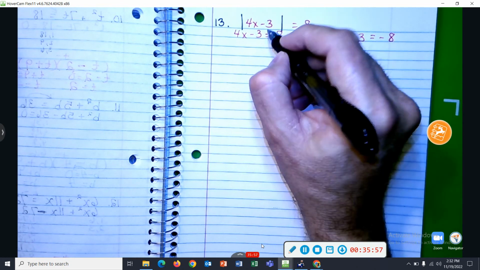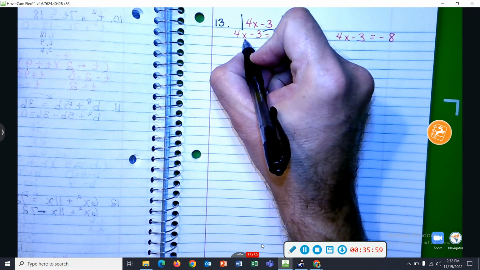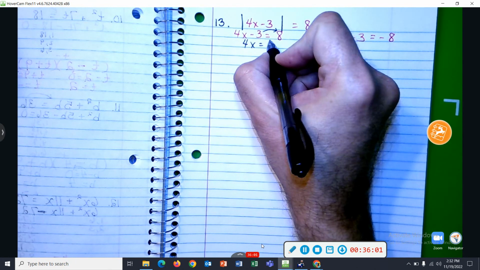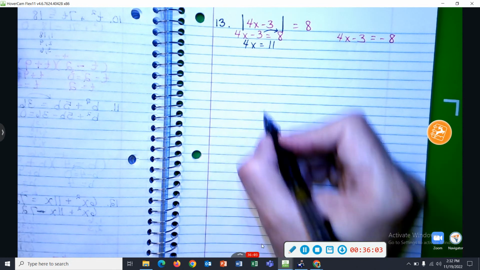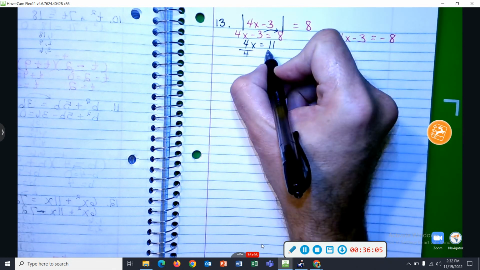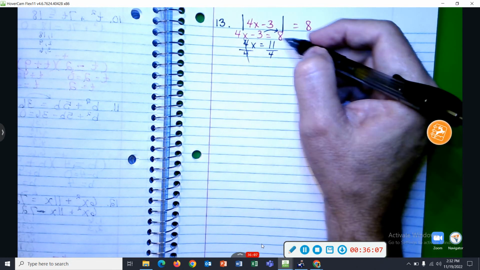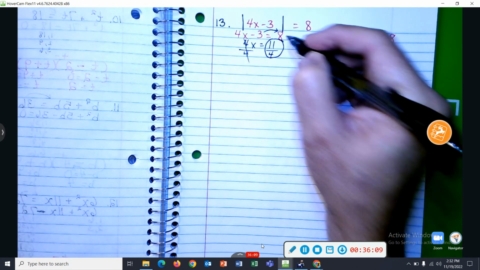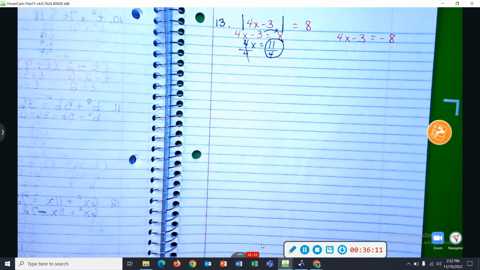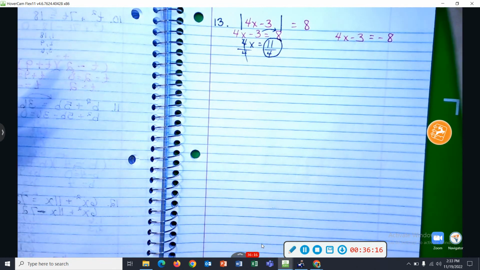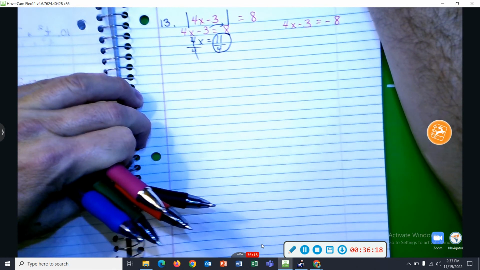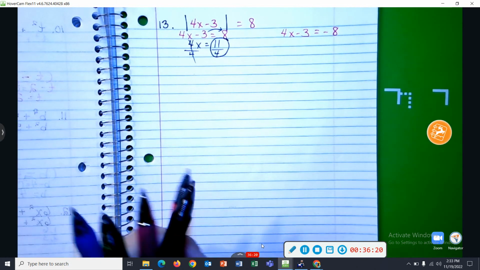We move the 3 over, so we get 4x equals 11, divide by 4, to get 11 over 4, and then doing the same thing over here.